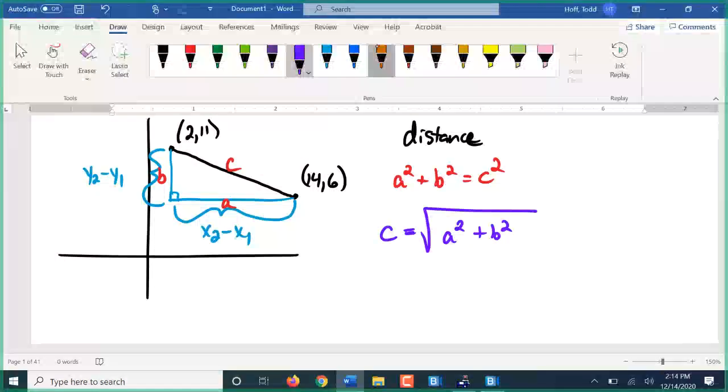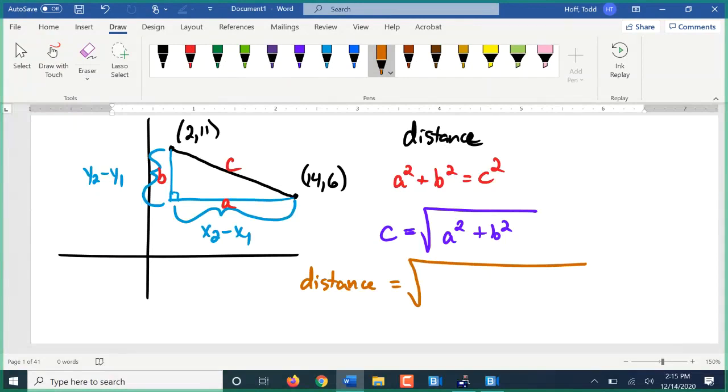So our distance formula, the distance between two points, or again, the length of the segment connecting those 2 points, is the square root of, well, a is the difference of our x coordinates, (x2 minus x1) squared, plus b is just the difference in our y coordinates. So it's (y2 minus y1) squared.